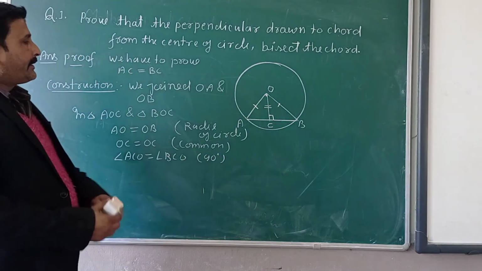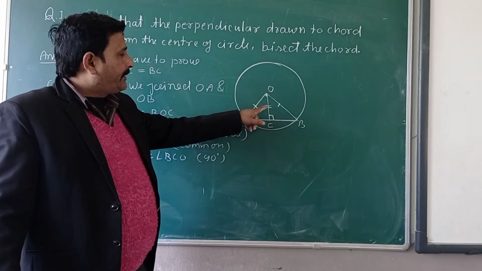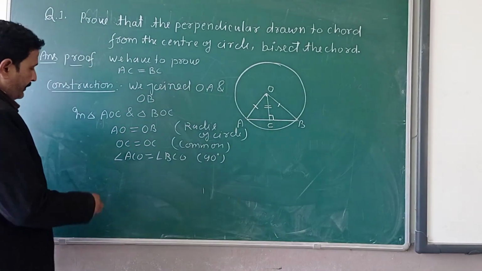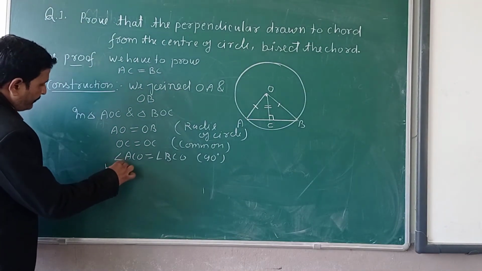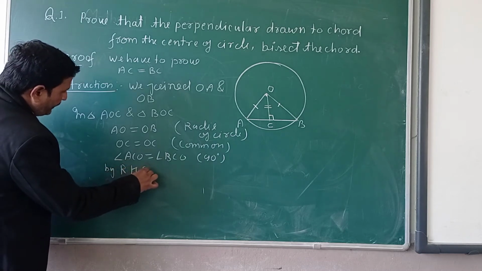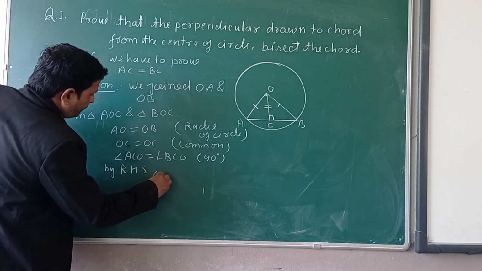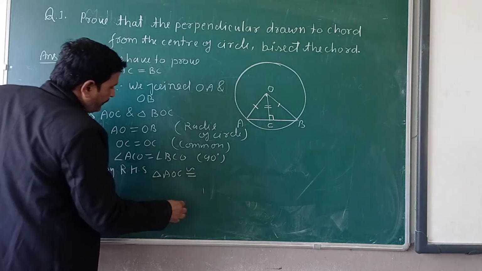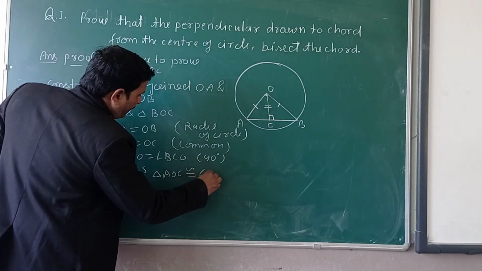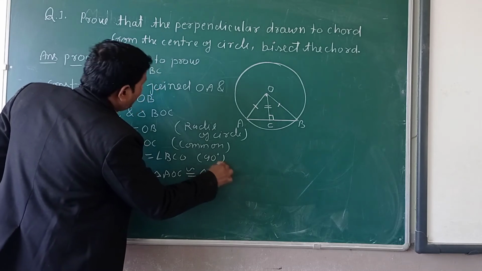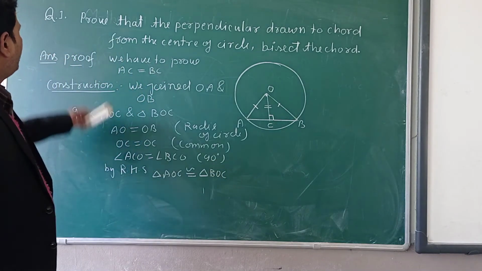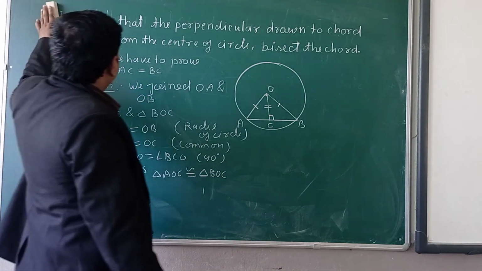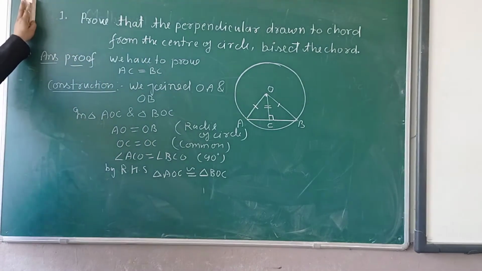See that, right angle hypotenuse side, RHS. Triangle AOC is congruent to triangle BOC. If the triangles are congruent, then I am going to remove the question. I hope that you have written the question. Okay.